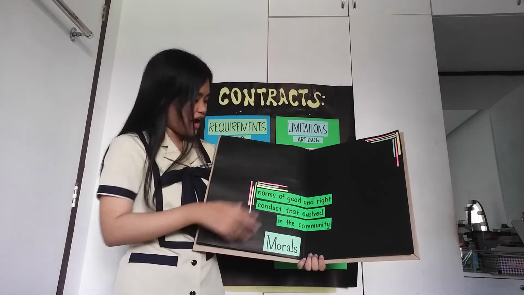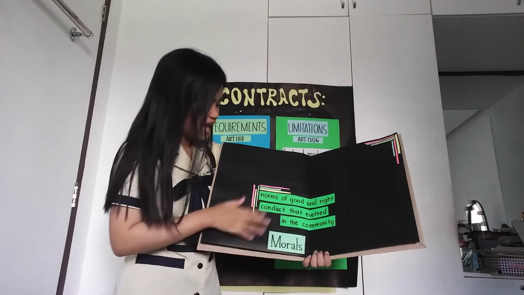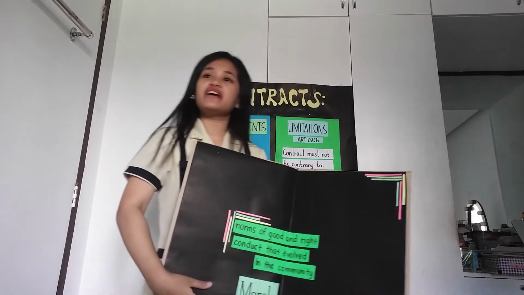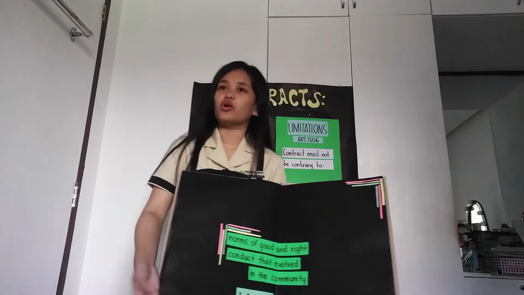That is a contract that violates the morals because even though the law doesn't say anything about it, it is usually something that is frowned upon. Why do you even want to separate 2 people loving each other?